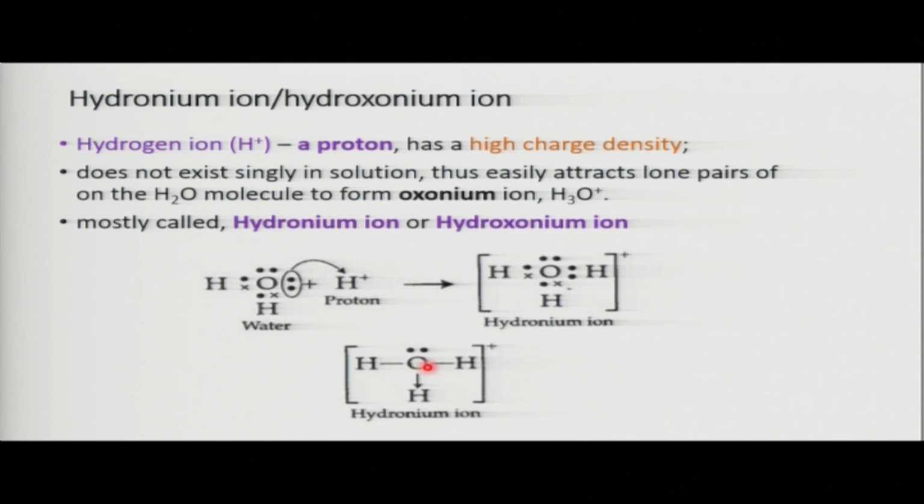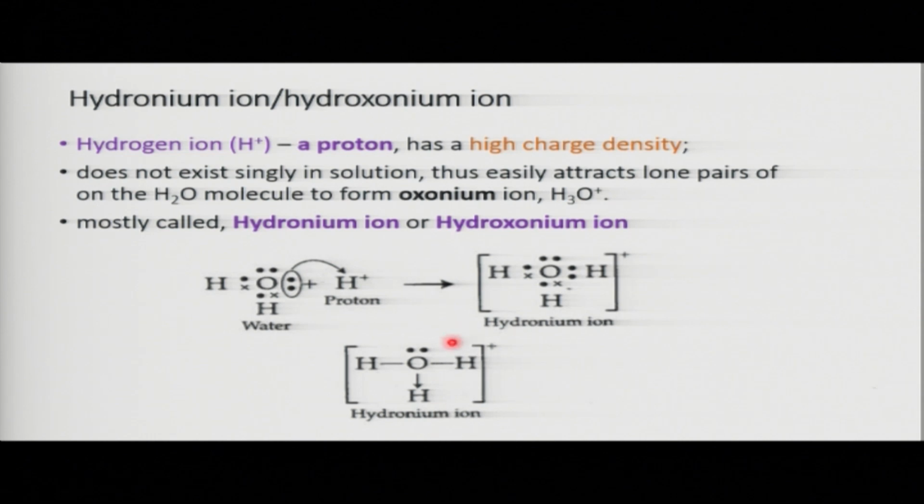Oxygen has donated the lone pair to hydrogen, and so the positive charge which was residing on hydrogen is now residing on oxygen, which is the central atom, and it is bigger in size. So this becomes a stable molecule in water. The bonding is called coordinate bonding. You've looked at that in bonding.